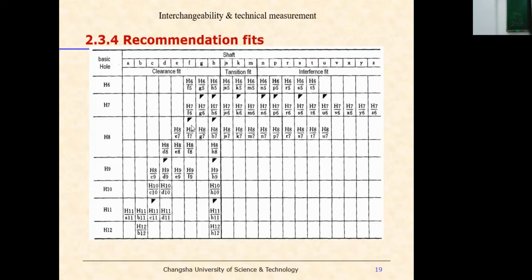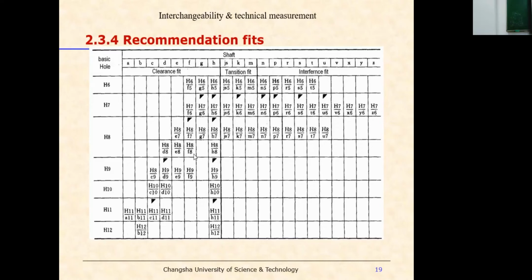If we relate to designing a tolerance for IT7, we choose this one. So for the basic hole, we usually use IT7, IT8, and the shaft is lower than this one, right?